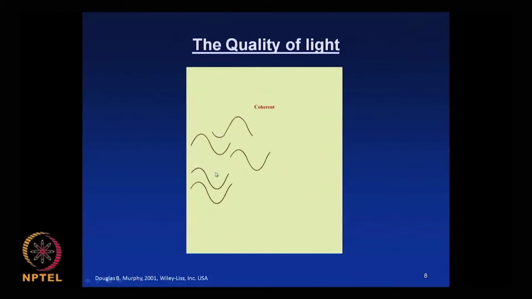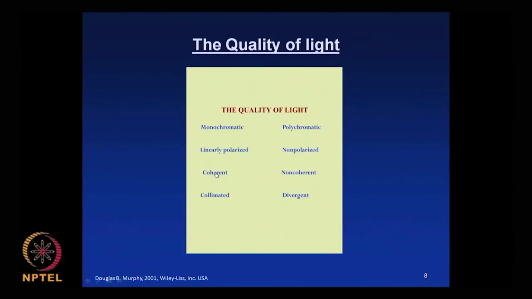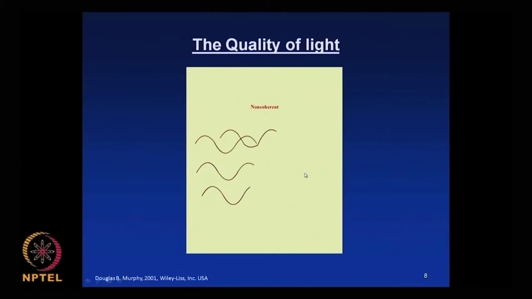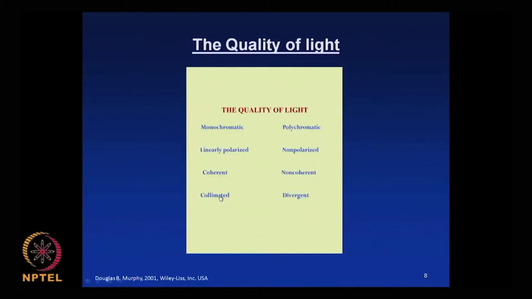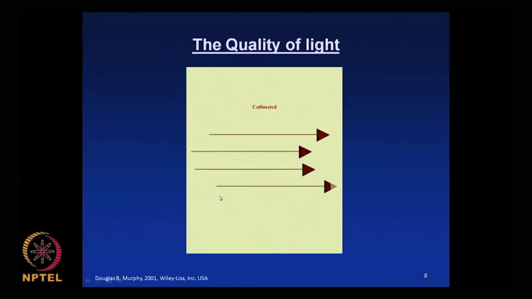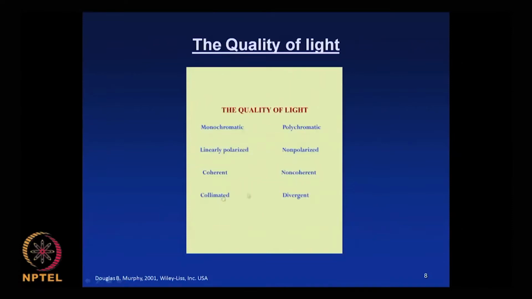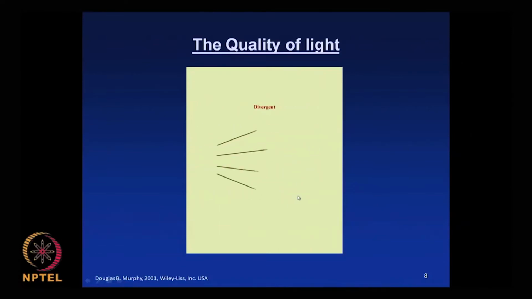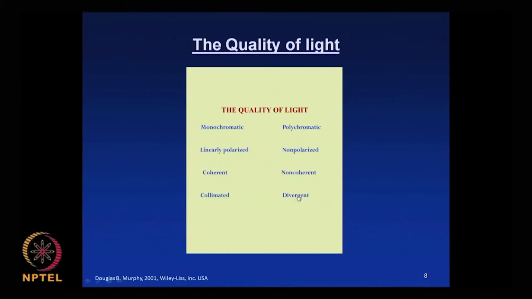When we talk about coherent light, it should have all the waves in the same phase. A non-coherent light will have different phases like this. A collimated beam is supposed to propagate in the same direction like this, and a divergent beam will spread like this.